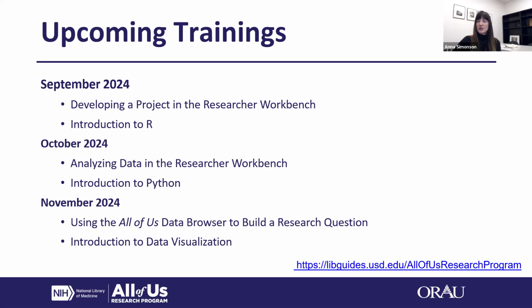Those will be longer trainings. The website down in the bottom right-hand corner, which was also on the title slide, will have an events calendar, and you'll be able to register for the workshops there. Again, more information will be coming out this summer about the specific dates and times of these workshops.